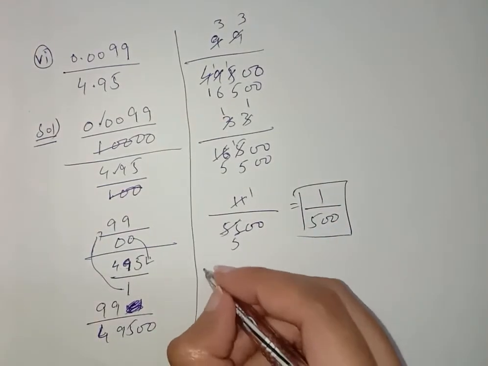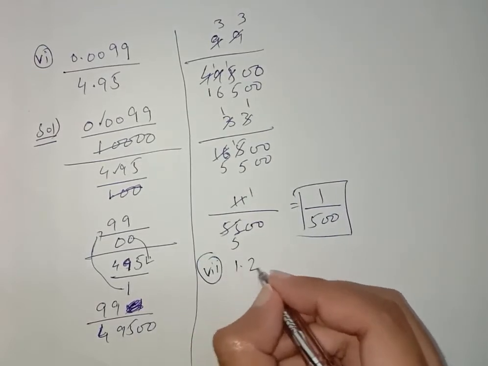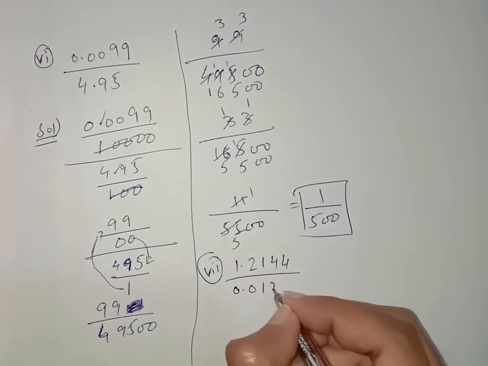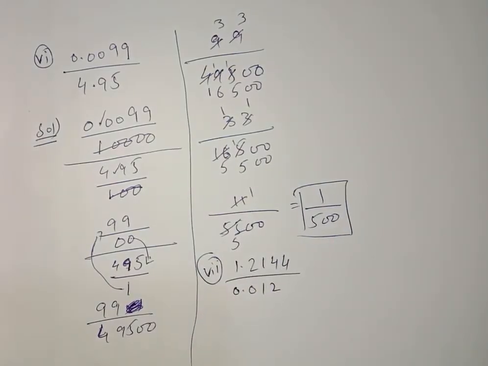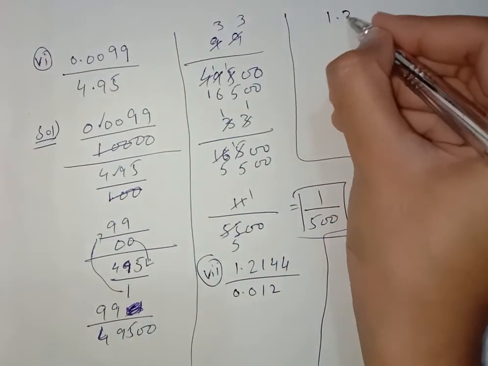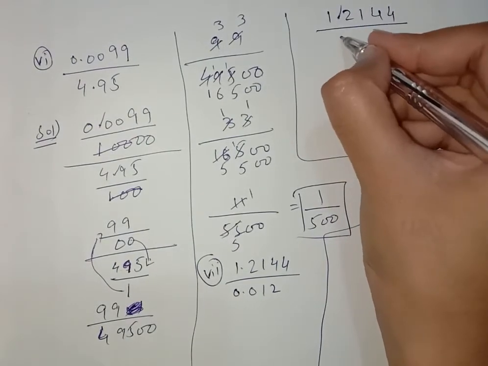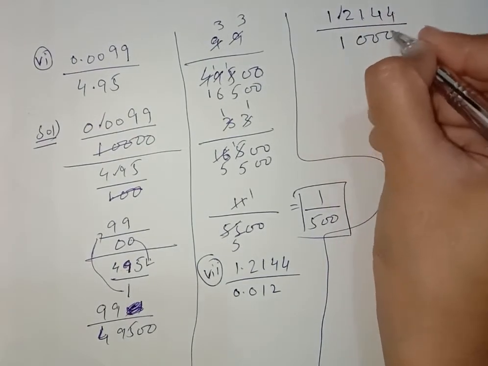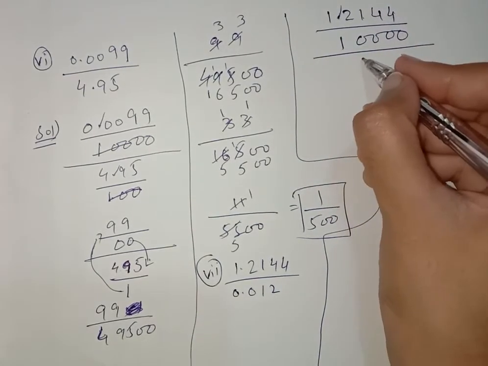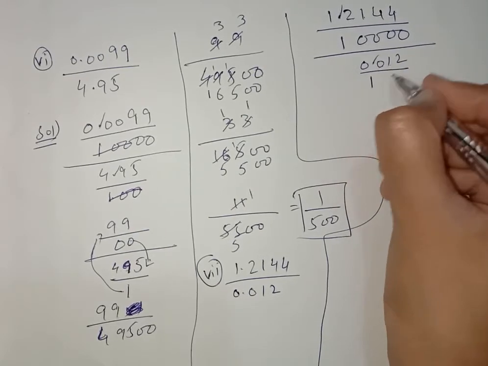Now move towards its part number 7, which is 1.2144 divided by 0.012. 1.2144, point removes, 1 comes, 4 digits, so 4 zeros. 0.012, point removes, 1 comes, 3 zeros.